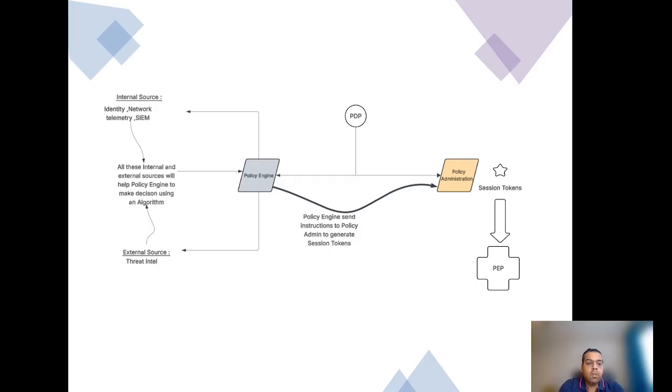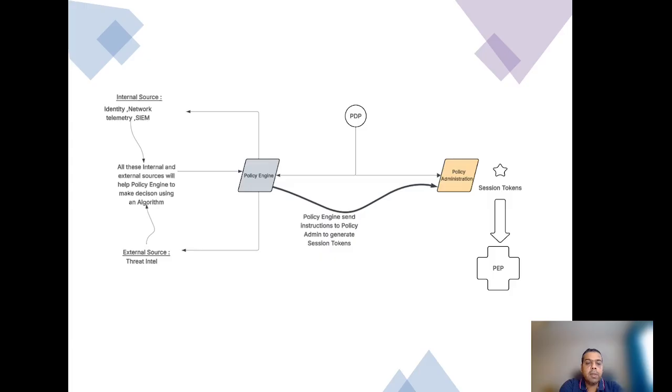It also evaluates whether the HR people are connecting from a known or a trusted location, and whether multi-factor authentication is enabled or if it is needed, because sometimes HR people access it from a new location which is not known to the PDP or to the policy engine, and then it enforces the multi-factor authentication.